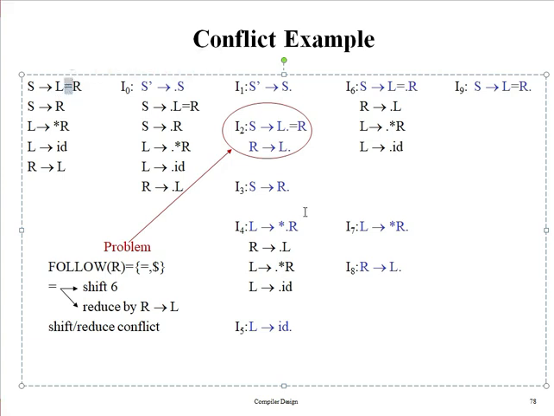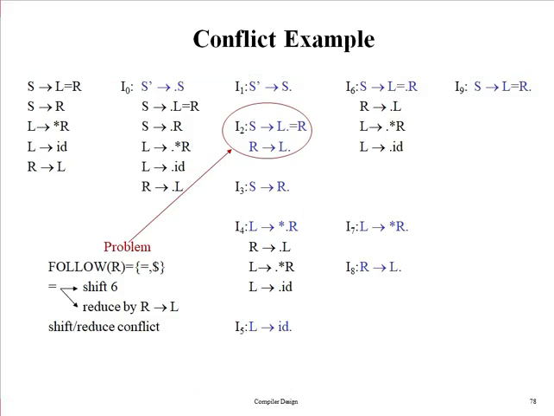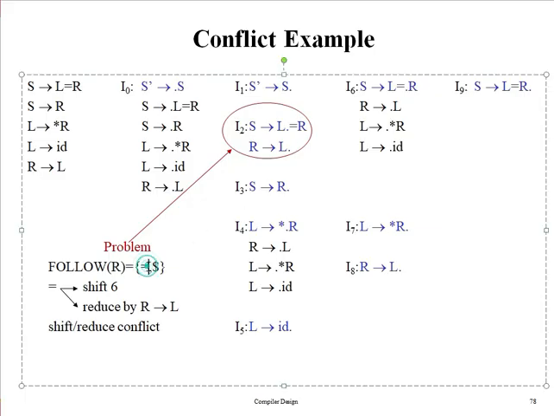So this is how we can calculate the follow of R. As the equal sign is an element of the follow of R, we should also fill the reduce action under equal sign on the same row I2.